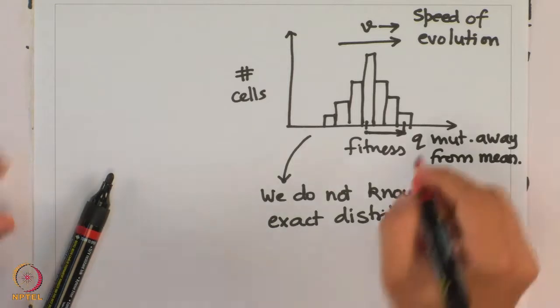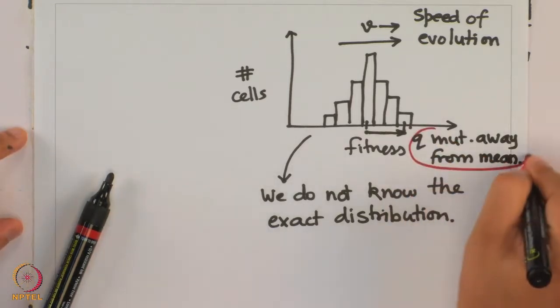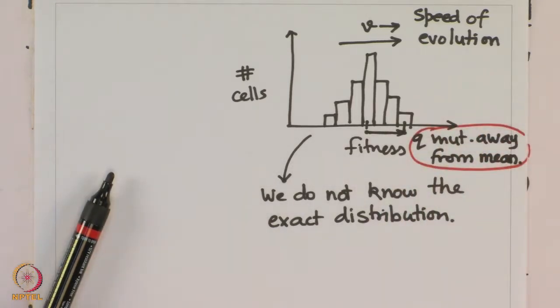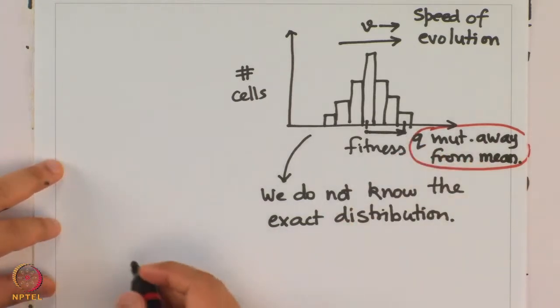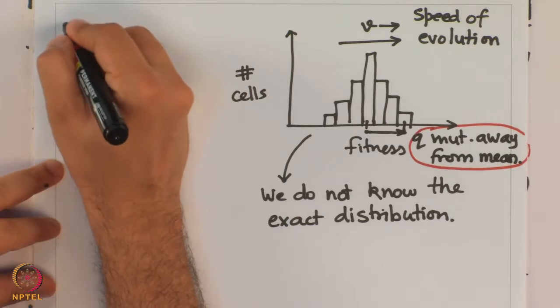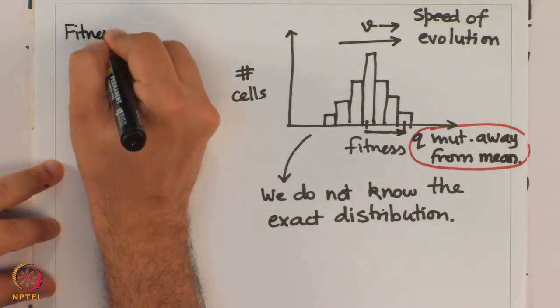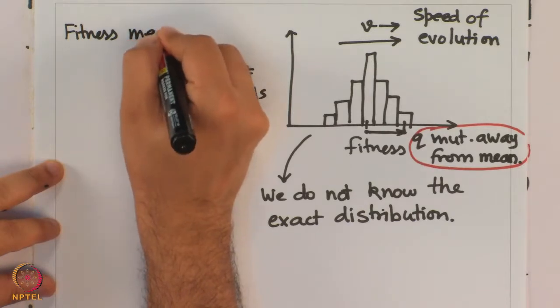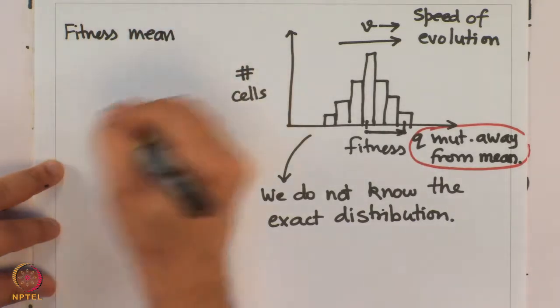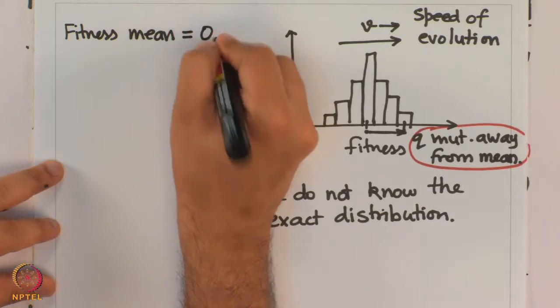So, the leading edge is q mutations away from the mean, and what that means is that, if I normalize the fitnesses here, the fitness of the mean, let us say, is equal to 0.